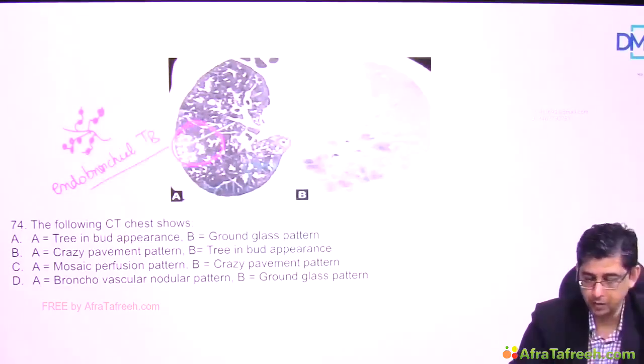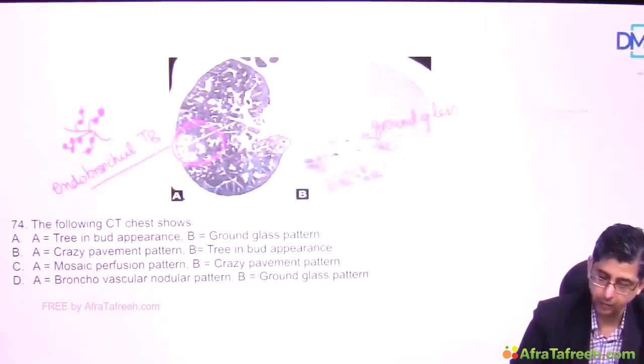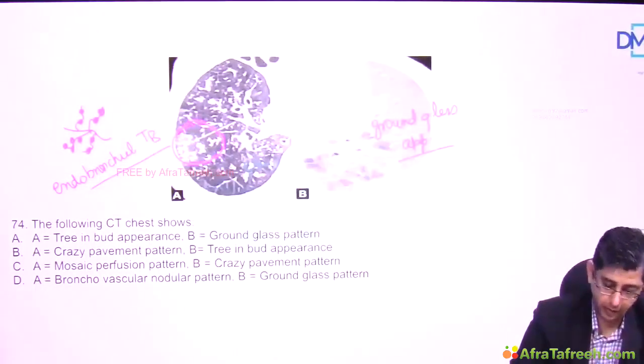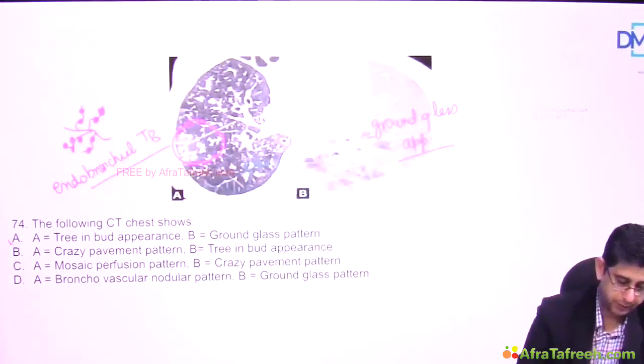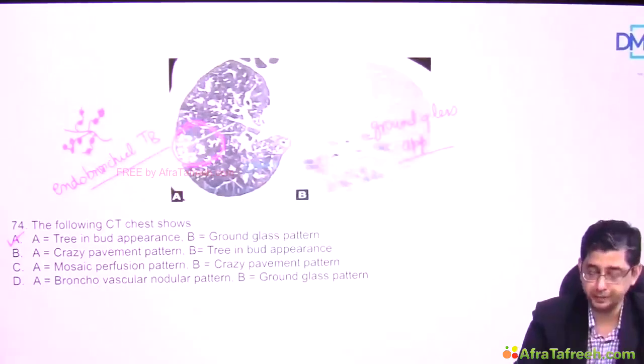In the next image, you can see that this is a ground glass appearance, which is again diagnostic of patients of interstitial lung disease. So the correct answer to this question would be alpha, tree in bud appearance and a ground glass appearance.